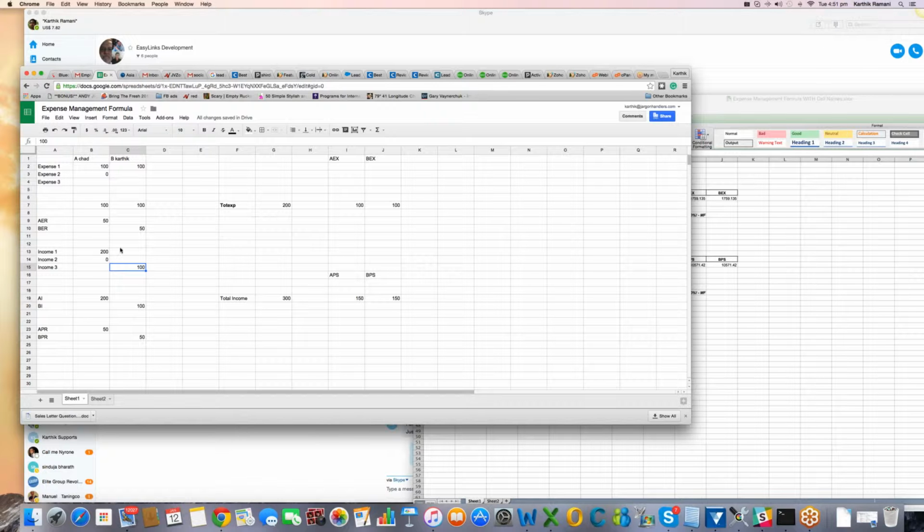Chad has received $200. I've received $100. So in total, $300 is the income, and both of us have expenses of $100. So we have $300 in total and $200 in expenses. So $100 is the profit, and each should get 50-50 for a 50-50 share, right?